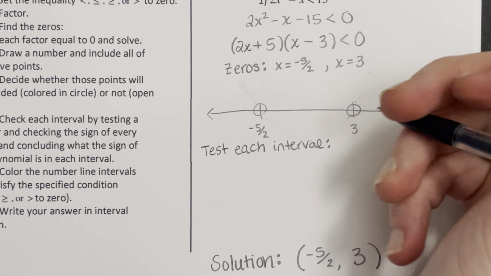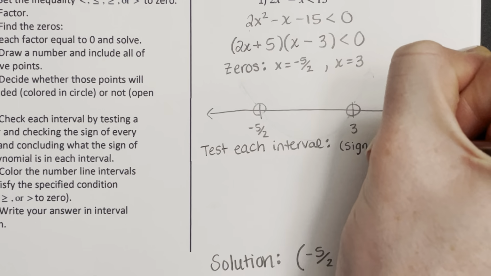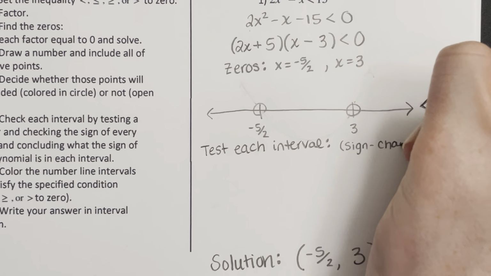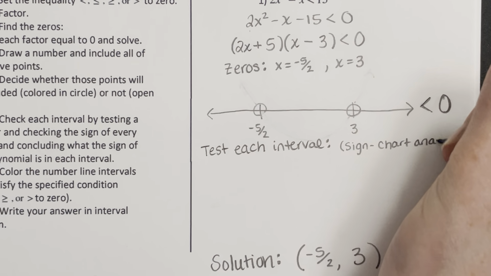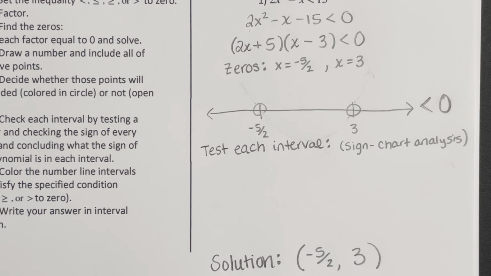And this is called a sign chart analysis. To do a sign chart analysis, we're picking a value in each interval, and really we only care about the signs of the function at that value.